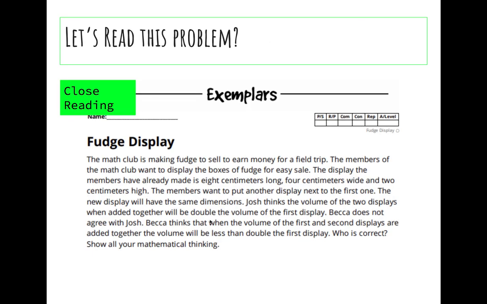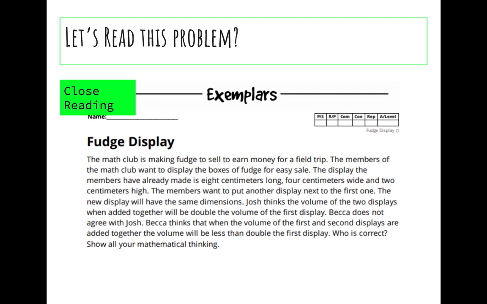So here's the problem. Let's read this problem together. The math club is making fudge to sell to earn money for a field trip. The members of the math club want to display the boxes of fudge for easy sale. The display the members have already made is 8 centimeters long, 4 centimeters wide, and 2 centimeters high. The members want to put another display next to the first one.